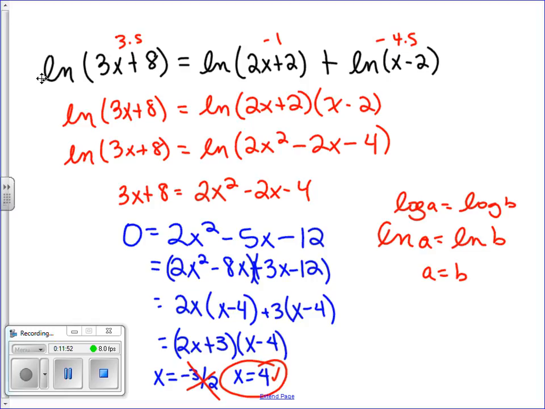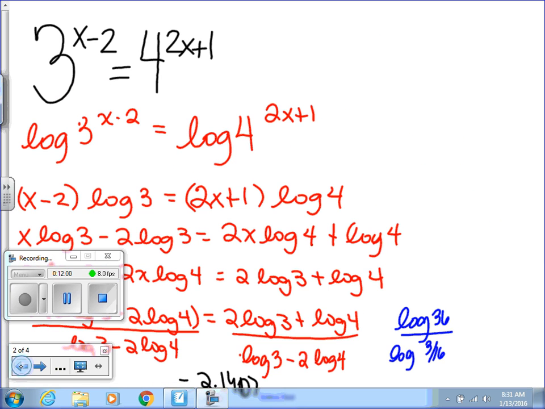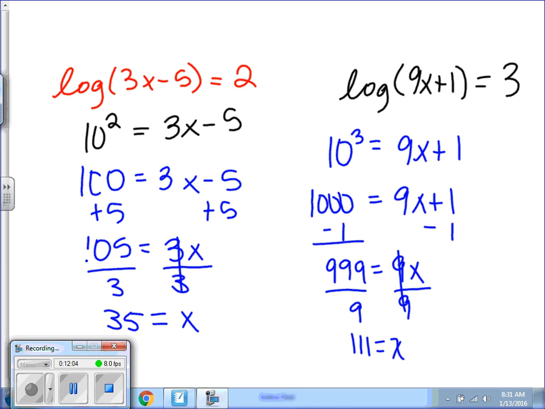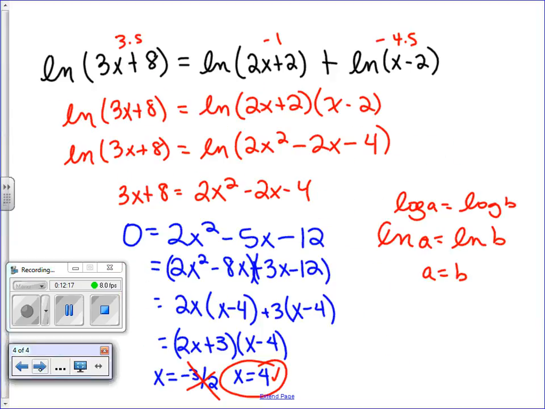Okay, let's look at these 3 examples that we've done and talk about what we did to them, okay? You can do 3 or 4. Okay, so for these 2, they were pretty much exactly the same. What did we do with these 2 problems? Yeah, we just changed them back, right? So what's up with this problem that I can change it back, but I can't just change this one?